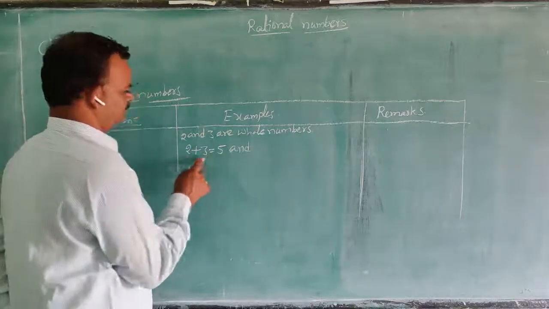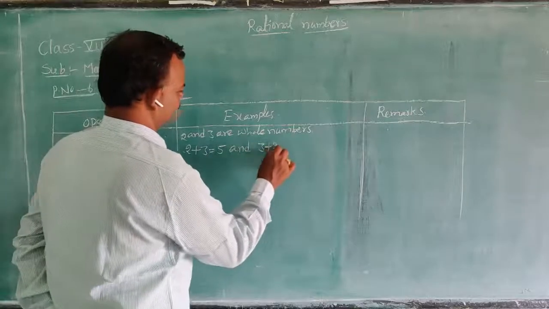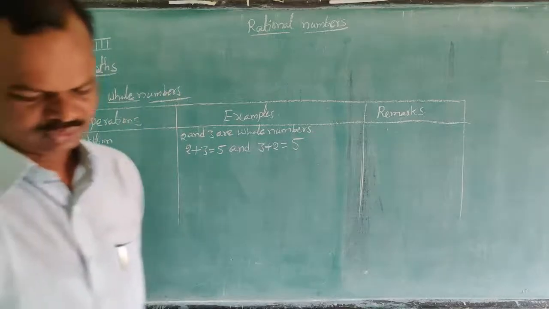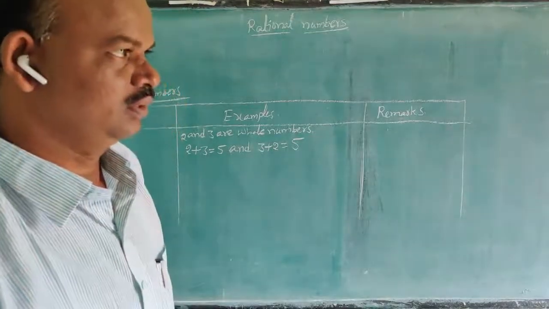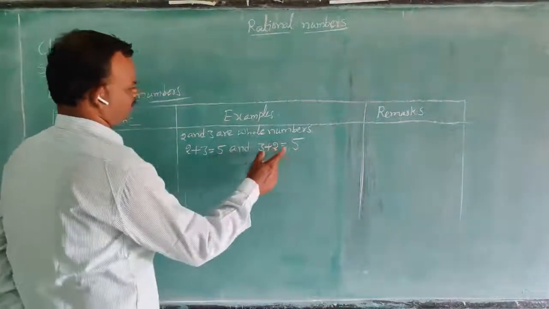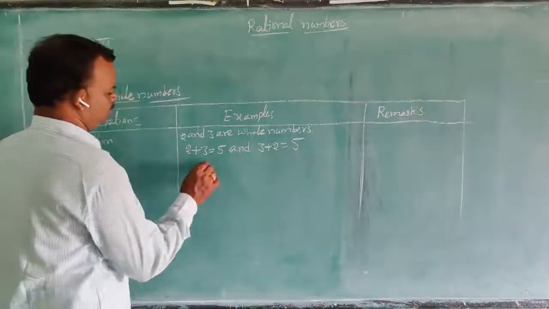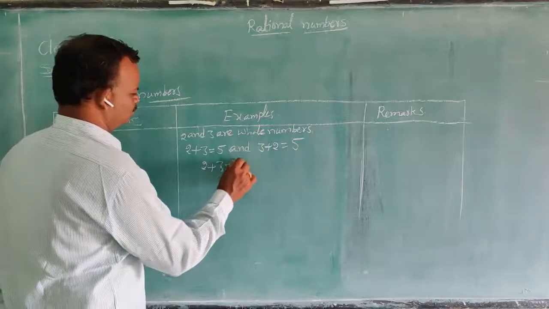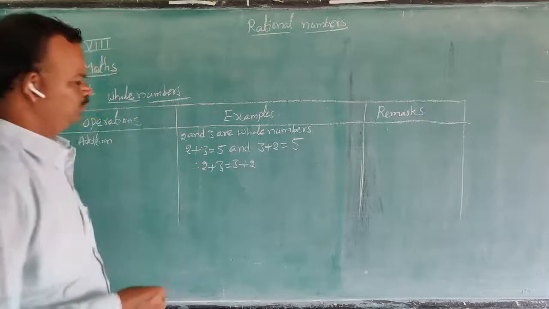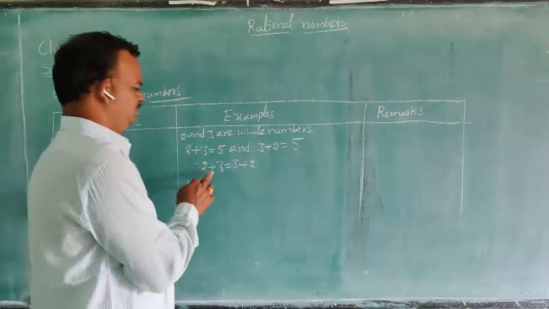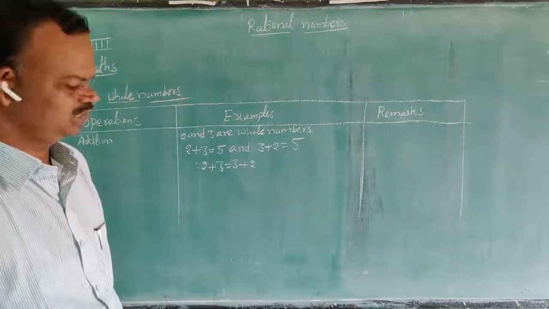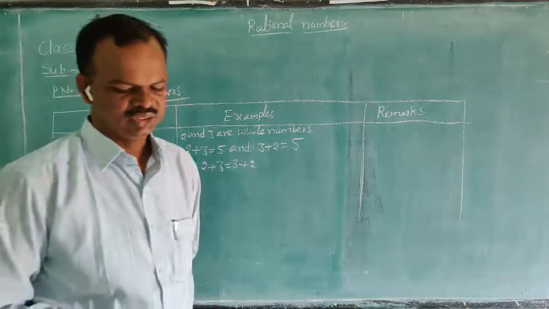We change the order: 3 plus 2 is equal to 5. Therefore these two values are equal. Here 5, 5, so both values are equal. 2 plus 3 is equal to 3 plus 2. That means A plus B is equal to B plus A. So under addition, it is commutative.